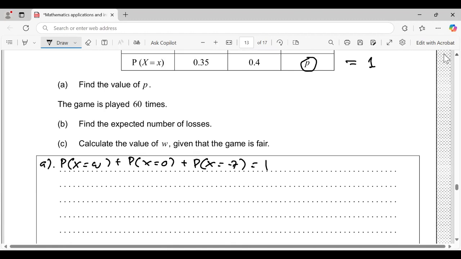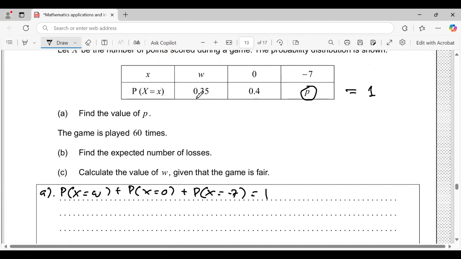According to this information, 0.35 plus 0.4 plus p equals 1. So p equals 1 minus 0.35 minus 0.4, and it is 0.25.